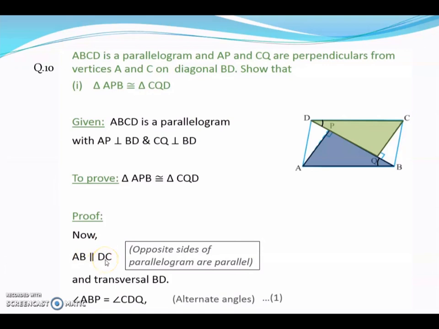Now here AB and CD are parallel because they are opposite sides of a parallelogram and BD is the transversal. So I can say that this angle ABP and this angle CDB are equal because they are alternate angles.